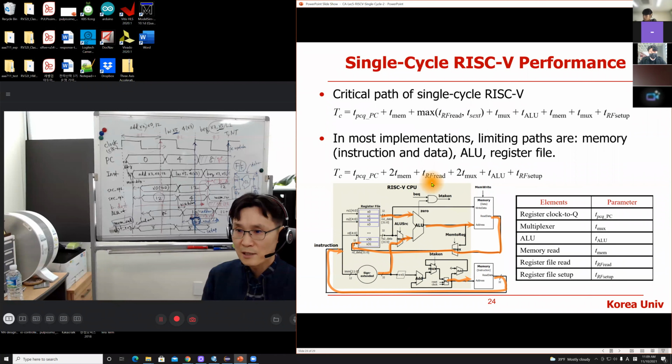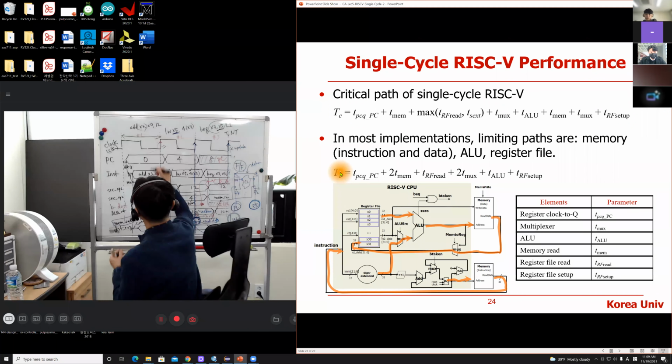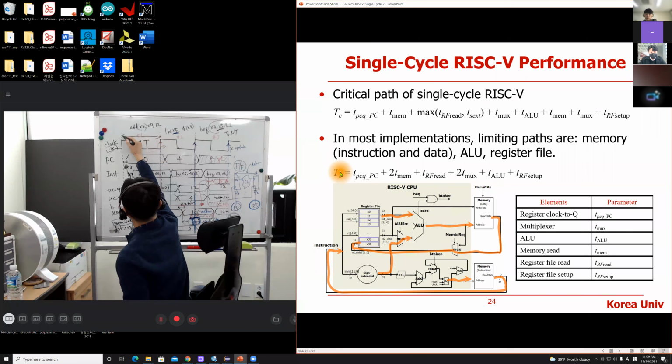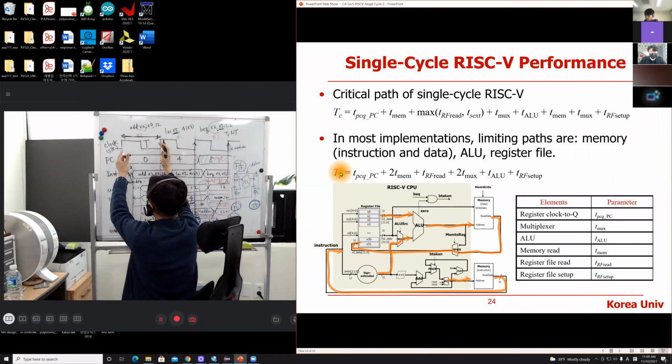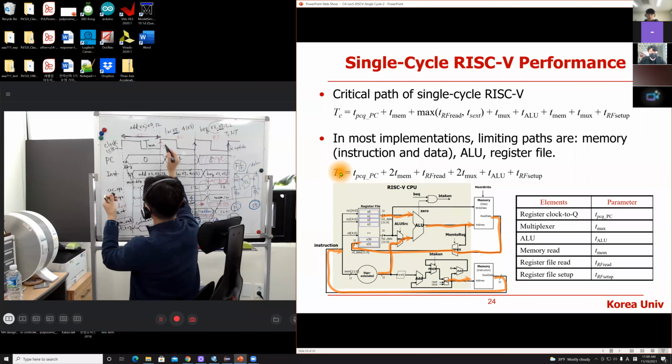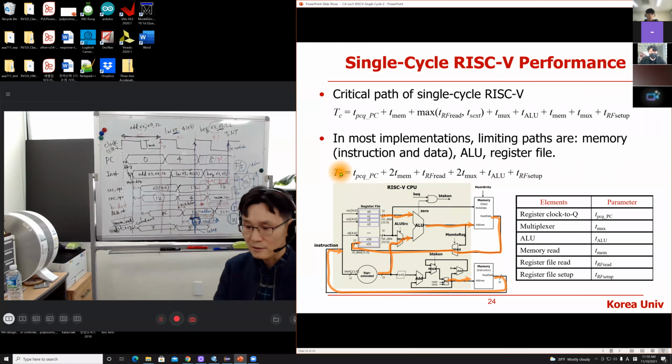So we selected this, and then we got this equation. That is the clock period, the minimum clock period T. The clock should be longer than this T min. That is the minimum clock period.